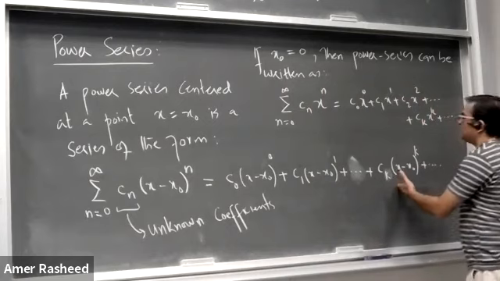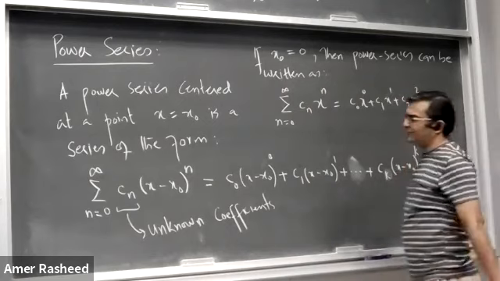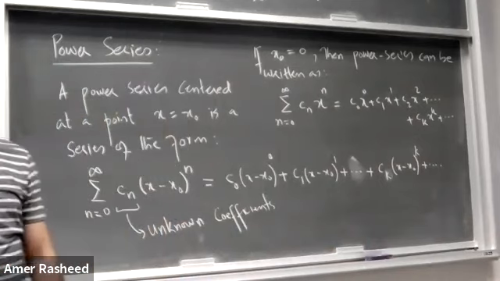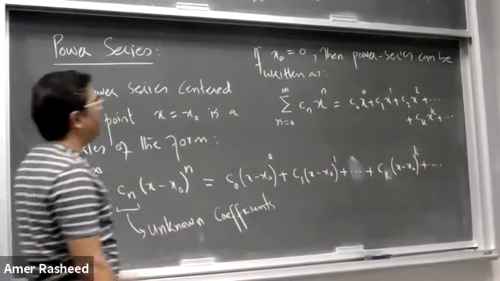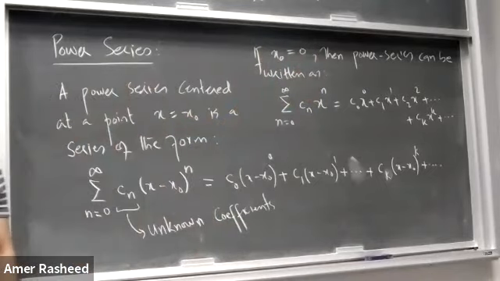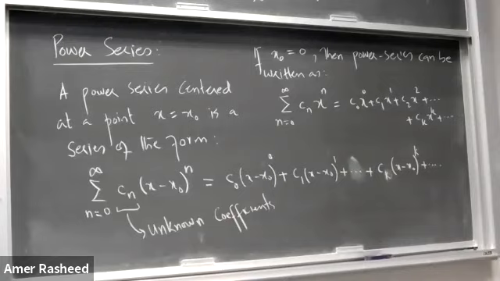This is the kth term. This is how we write the power series if x naught is 0, meaning the power series is centered at the origin. I hope you get it. If you have any question, you can ask me.